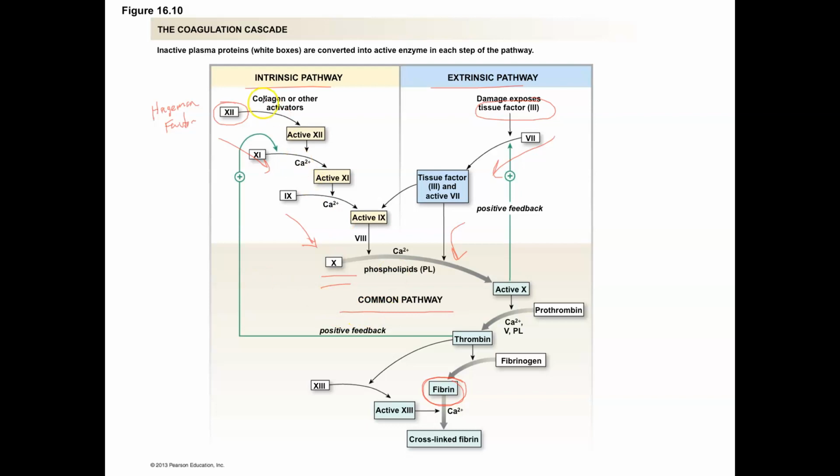So intrinsic pathway leads us to the common pathway. Extrinsic pathway leads us to the common pathway. So both of these are going to lead to the activation of the Stewart-Prower factor, which is eventually going to give us fibrin. So what I would like to do is show you the different clotting factors, and then we'll come back and we'll go through these two pathways for the production of fibrin.